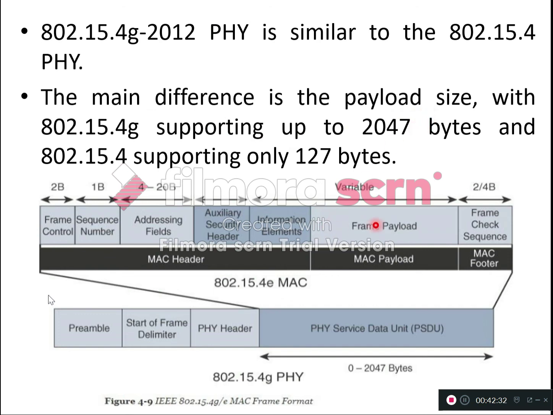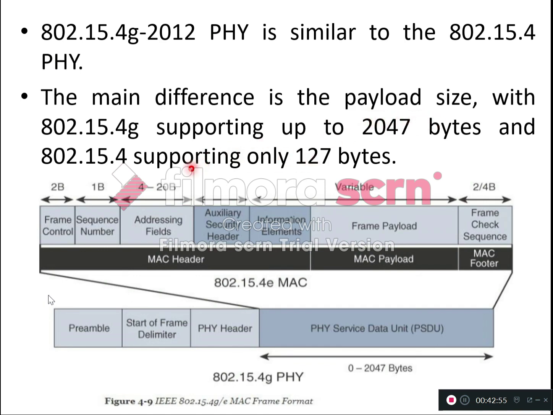The rest of the things are the same. There is a frame control, sequence number, addressing field, frame payload, and the MAC footer. So those are all the same. But the difference is that there are IEs also and auxiliary security headers. But the payload size is different.